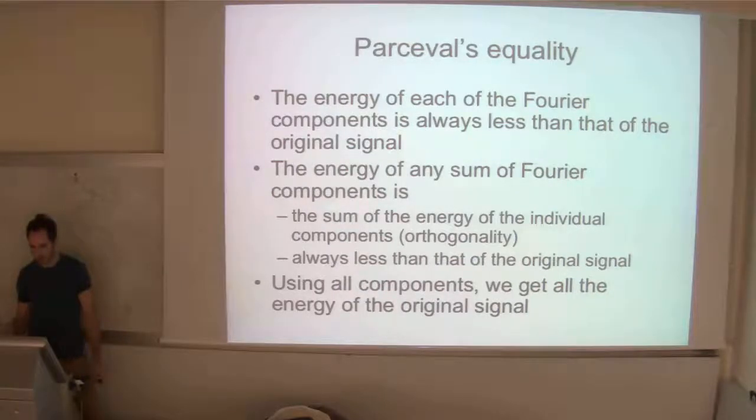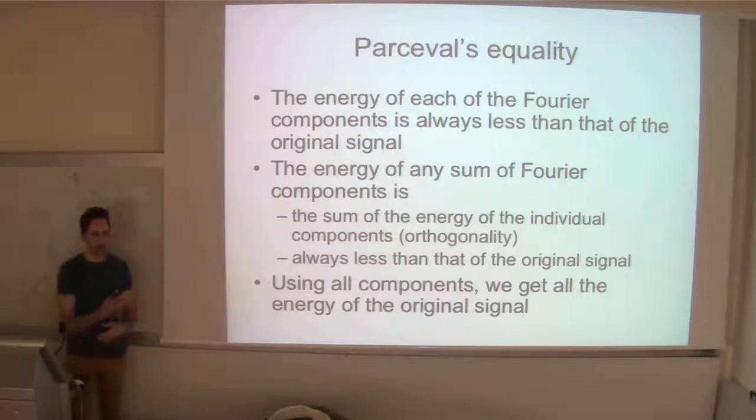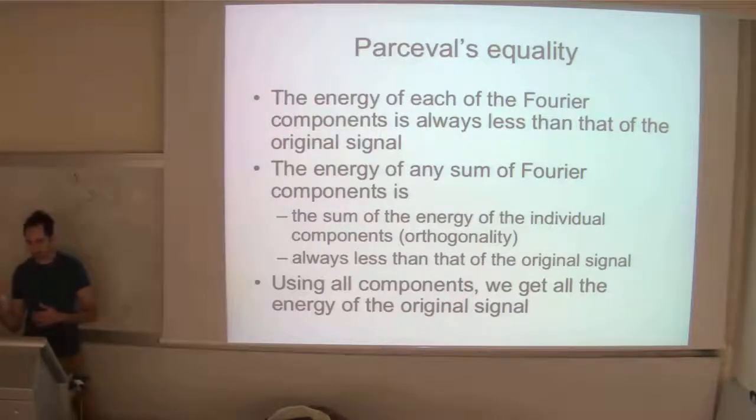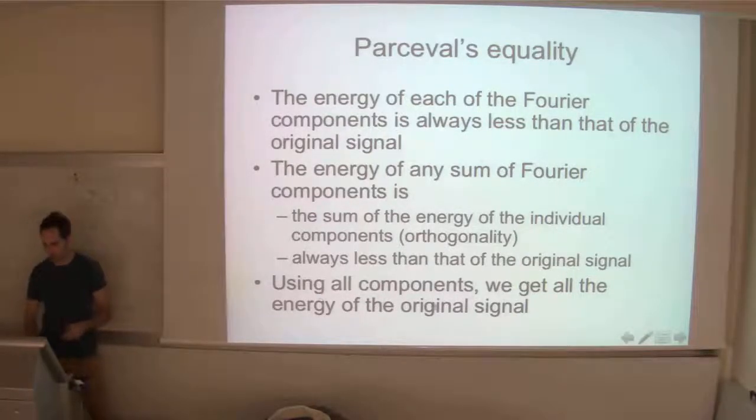And the energy of each of the Fourier components is always less than the original signal, which is actually quite trivial, as we saw in the example where I rebuilt everything. We can guess that each one of the Fourier transform components won't have the same energy as the whole signal, but if we use all the components, we will get the same energy as the original signal.